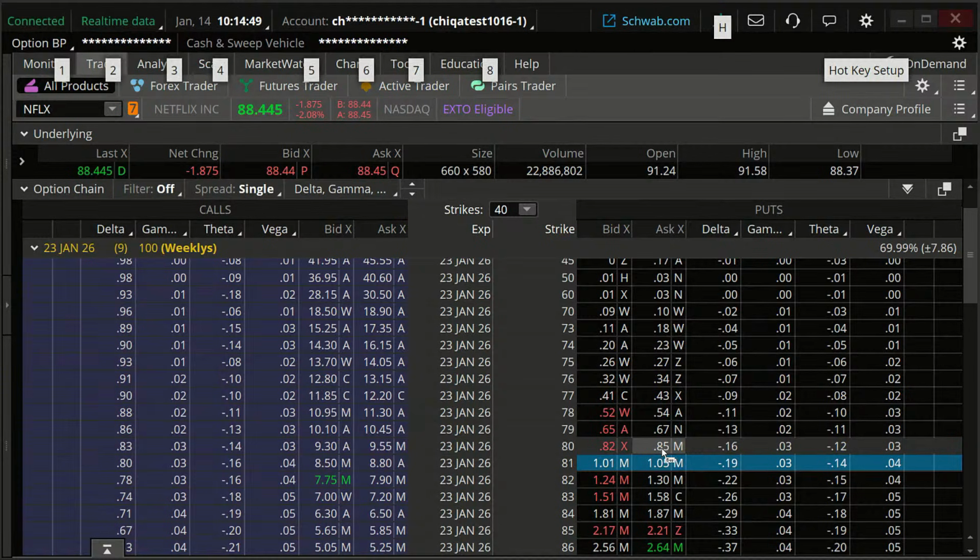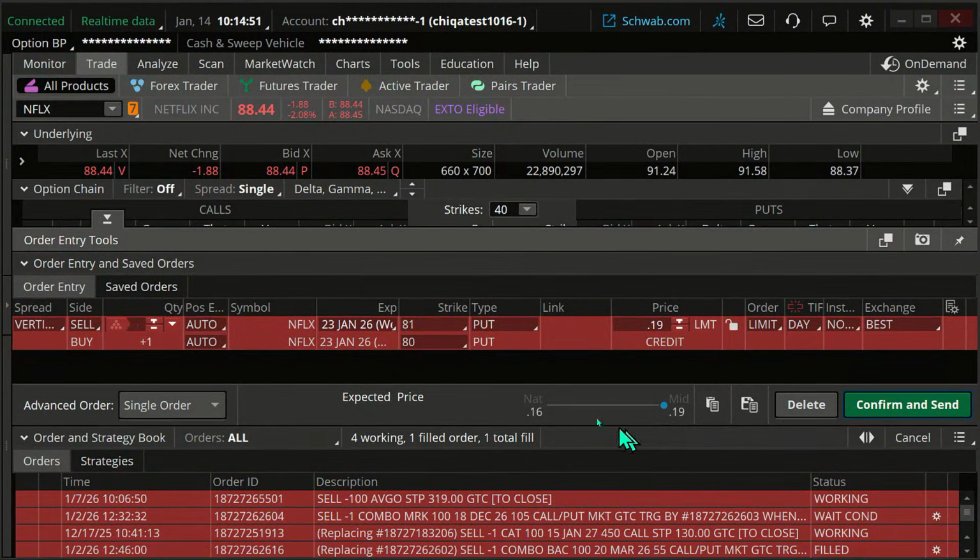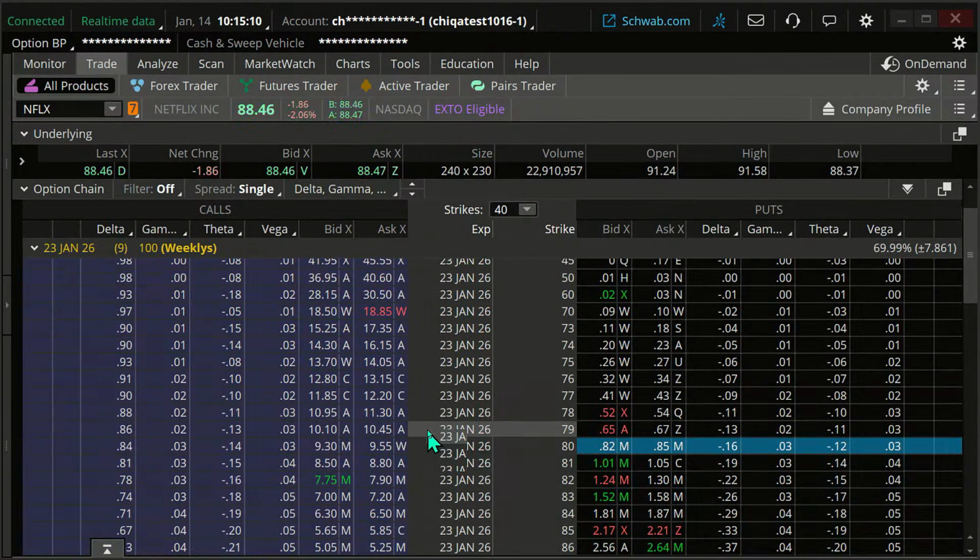I'm going to hold down my control key and buy that put. So I'm selling an 81 put, roughly 20-ish delta. I'm buying the next strike down, in this case, at least, and that's the 80 put. When I clicked on that, I held down my control key so that I didn't overwrite the first one. I want them both there.